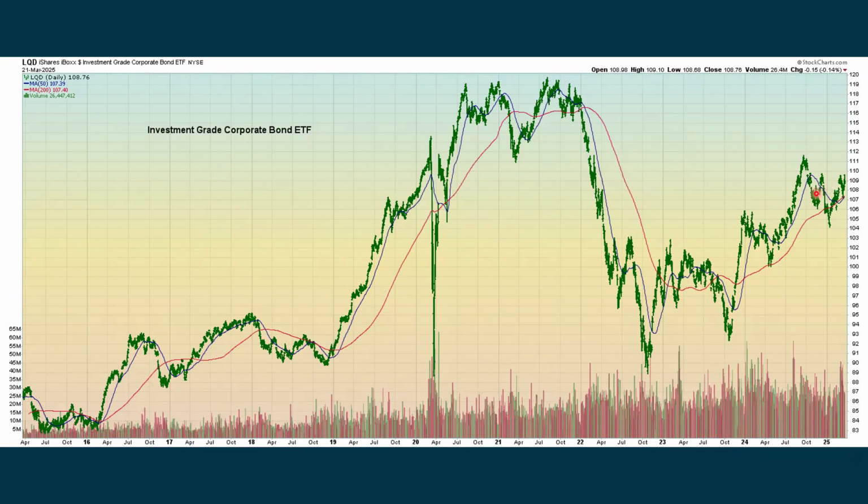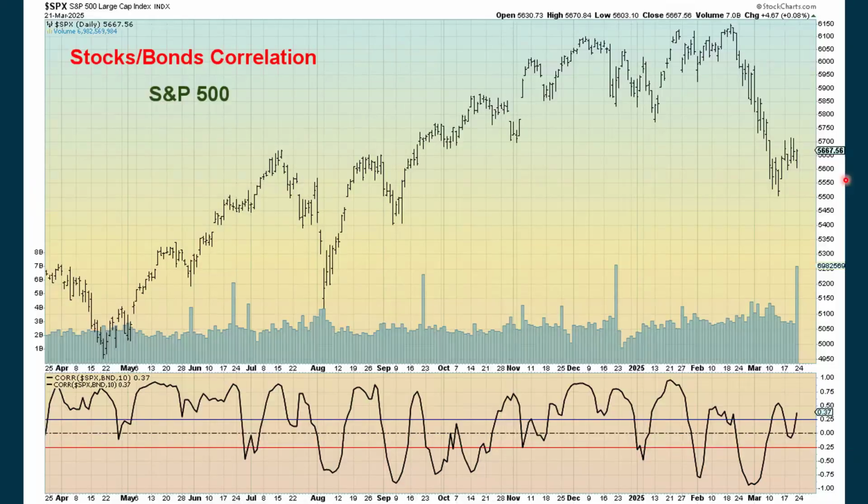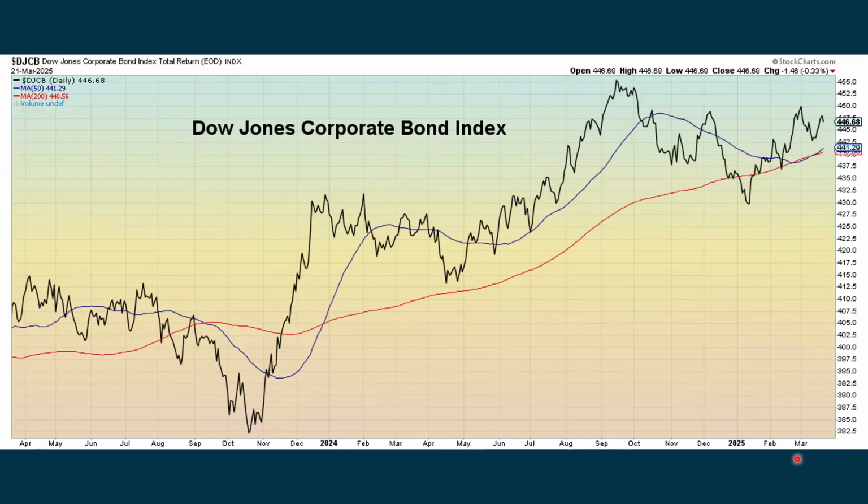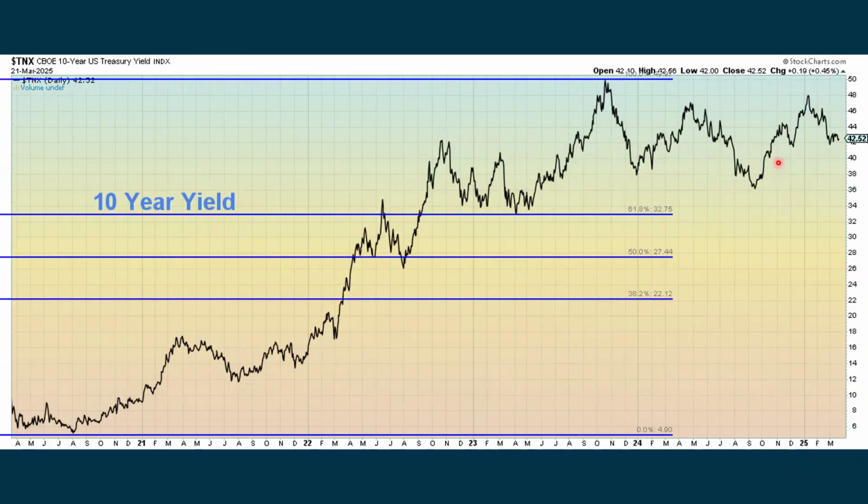And then corporate bonds, which started to go into a downtrend, but now they've been recovering lately. And we look at a stock to bond correlation, just barely coming out of the neutral zone here. And the corporate bonds, which again, we're starting to go into a downtrend, but showing a bit of a recovery. And then I include these in every video, even if they're not telling us anything.